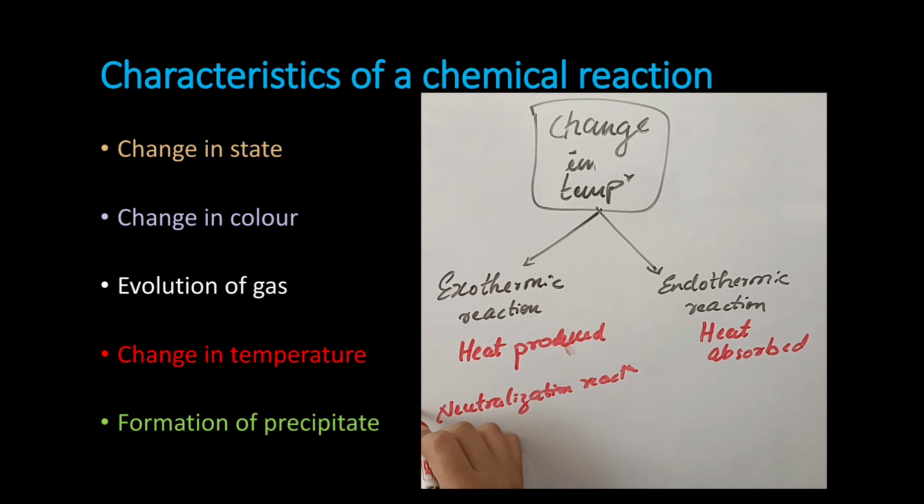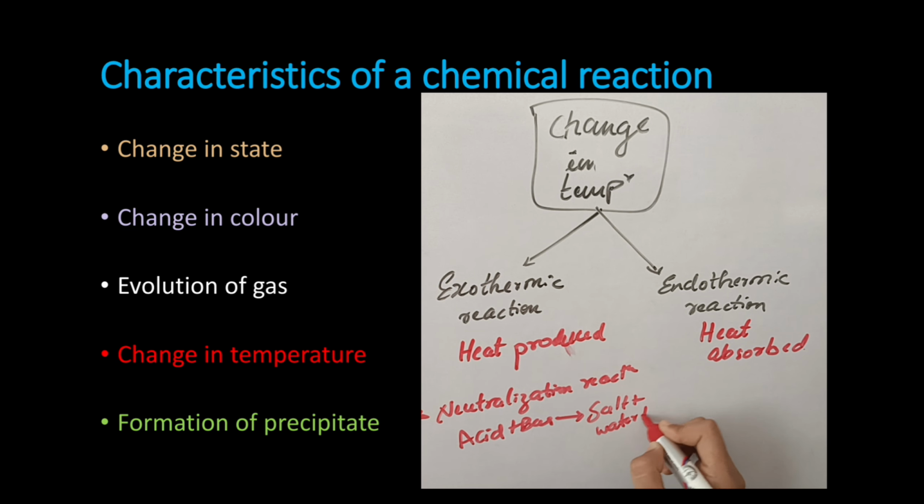Okay. What happens in a neutralization reaction? We take acid, we take base. In the reaction, you get salt plus water, and heat is released. You'll perform this experiment once you reach 11th standard, where you take acid-base reactions and titrations.